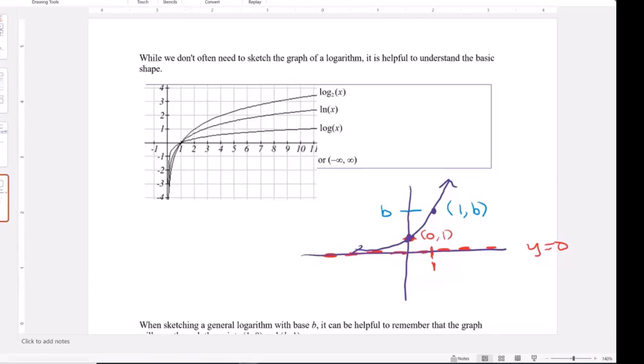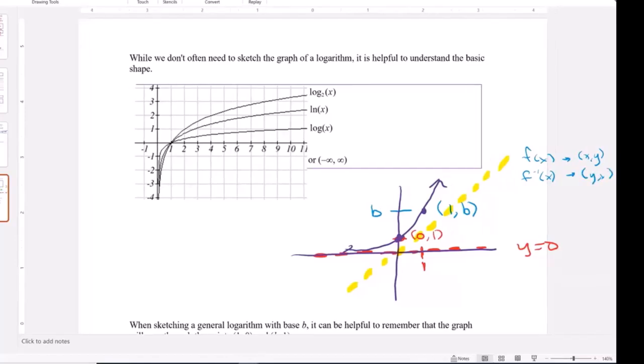Now, if we know that exponential and logarithmic functions are inverses, what that means is they reflect around this y equals x line. If x, y is on the function, then the inverse function has y, x. They flip.